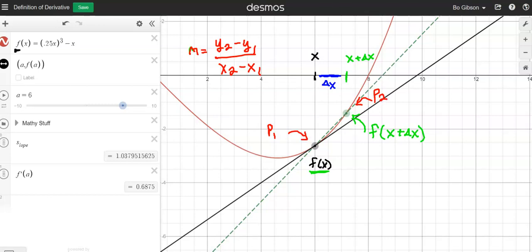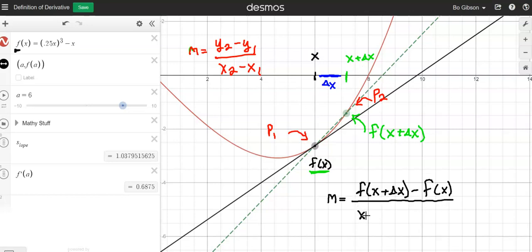So now we're just going to set up our slope formula. Slope, back in 7th grade or whenever you first started doing this, you would think about it this way. Well, what was point 2's y-coordinate? f of x plus delta x. What was point 1's y-coordinate? f of x. Now, we're going to do the x-coordinates.